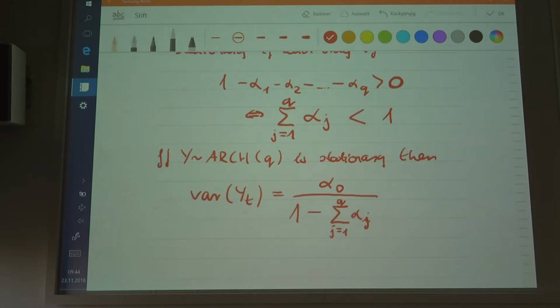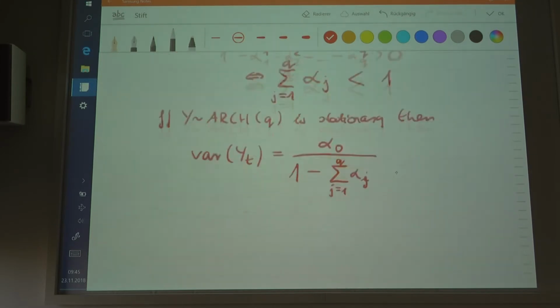Now let me illustrate why this is. So how would you capture the variance of the process?